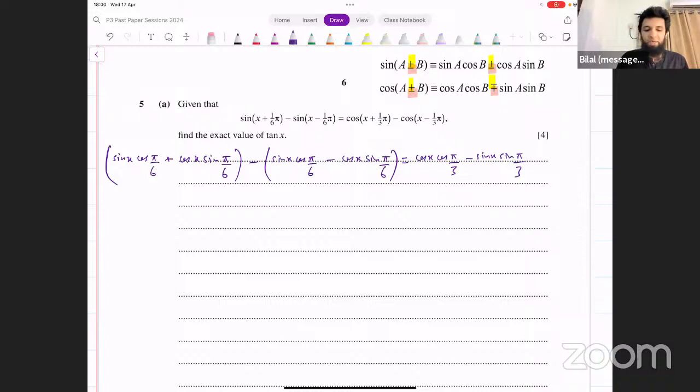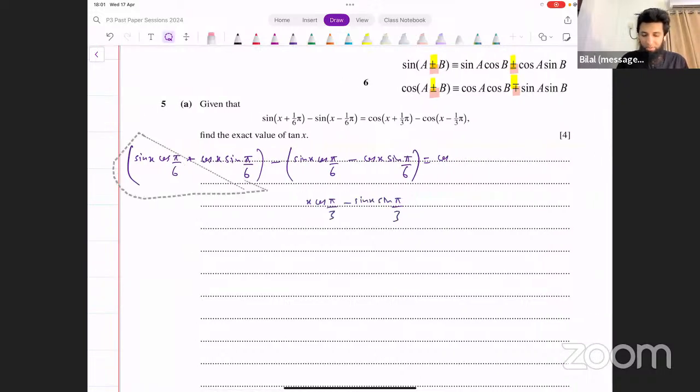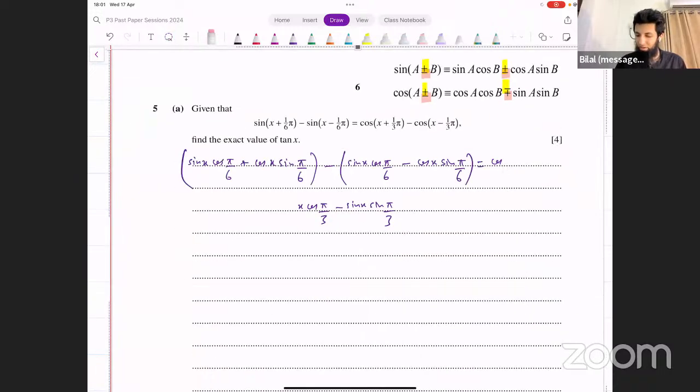Okay, if you're running out of space here, what you can also do is write the part on the right side in the next line. So in the exam, I think you would definitely run out of space for this one if you write slightly bigger.